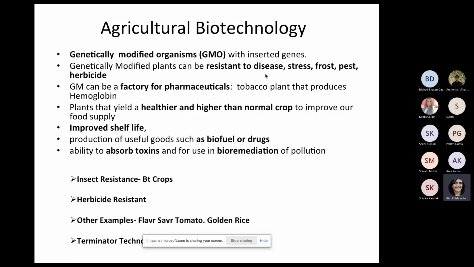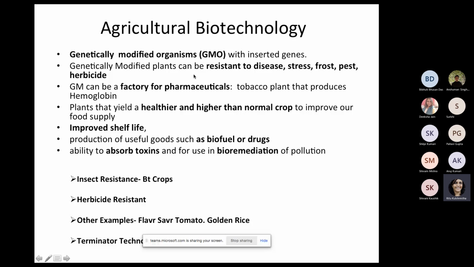All these transgenic plants have been developed because it was realized that there was a lot of crop damage because of many of these things that I just mentioned. So the idea was, can we make the natural population resistant to these various stresses or the pests that exist in the environment?